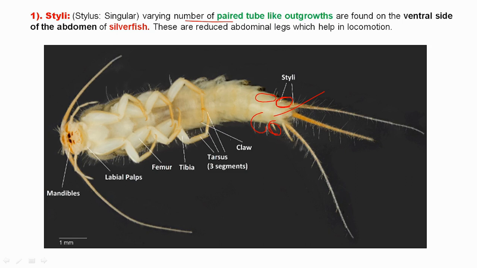Generally these are reduced abdominal legs. See, these are the thoracic legs, three pairs, and these are the reduced abdominal legs, and they help in locomotion.